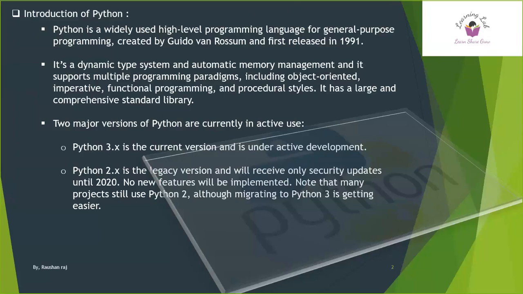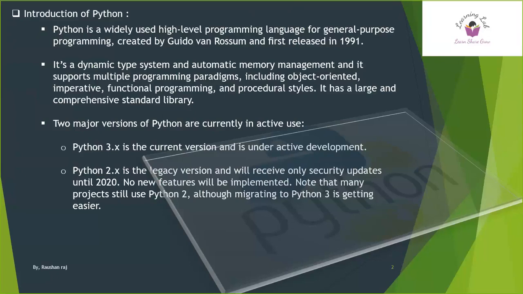So you can see here there are two different major versions of Python currently active in our market. First one is Python 3.x. Right now Python 3.7 is going on. And apart from that, previously people were using Python 2.x, like Python 2.7 I used.